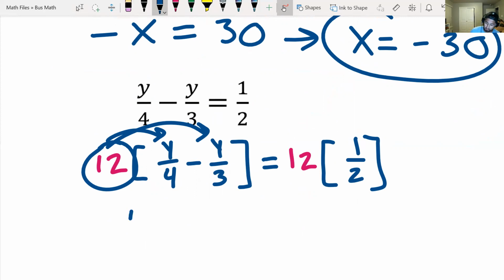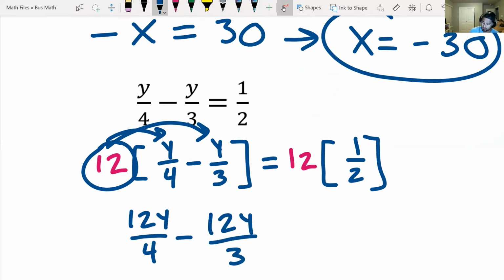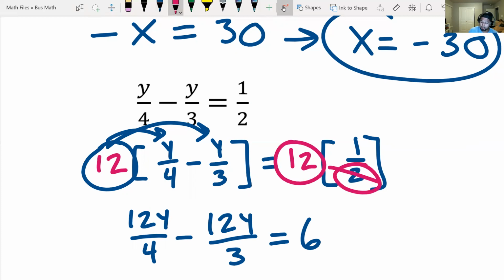So you'll get 12y over 4 minus 12y over 3 equal to, but on this one, well, 12 times 1/2, half of 12 happens to be 6. Or we could say this 12 and that 2 becomes a 1, that 12 becomes a 6.